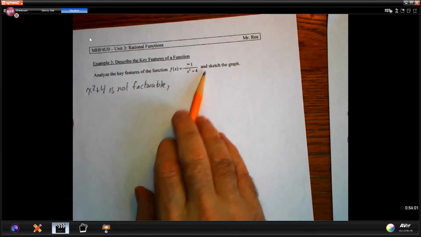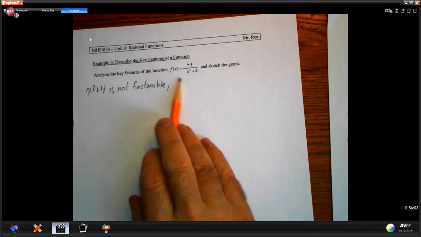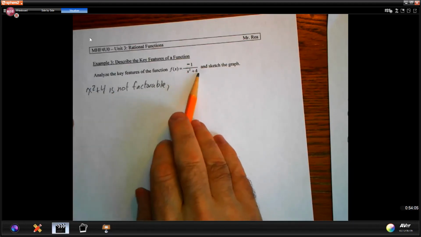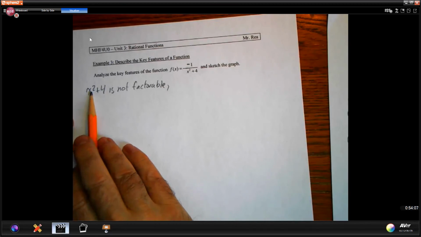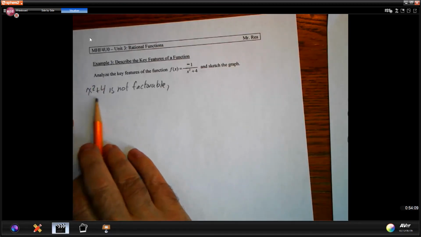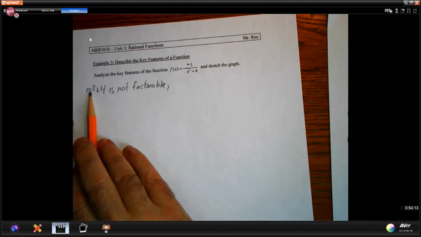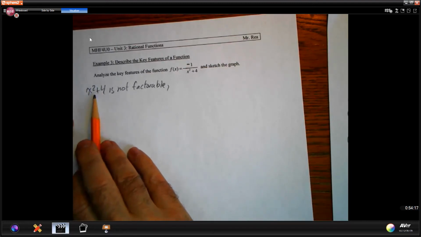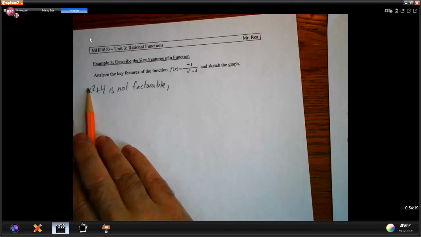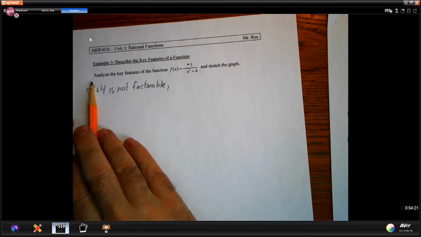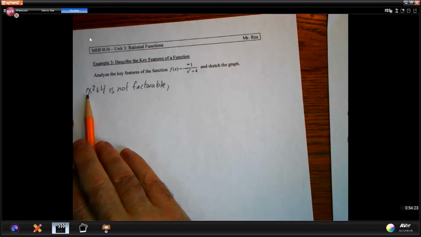Okay, and then another point about x squared plus 4, I could never make this 0. The whole idea about finding vertical asymptotes is what values of x make the bottom 0. If you think about it, the lowest this could ever be would be 4, because if x was 0, 0 squared plus 4 would be 4. But any negative value also, like negative 1 squared is 1 plus 4, which is 5.